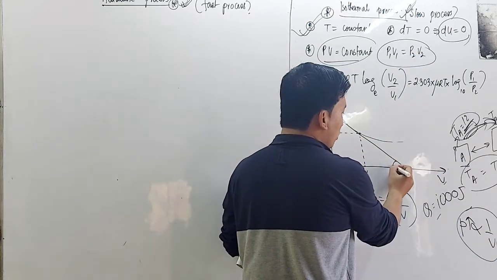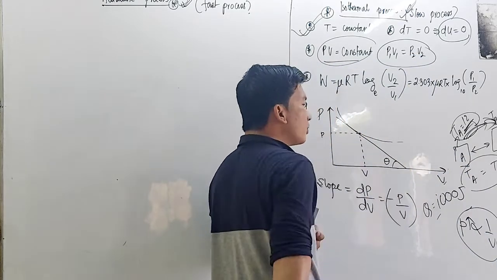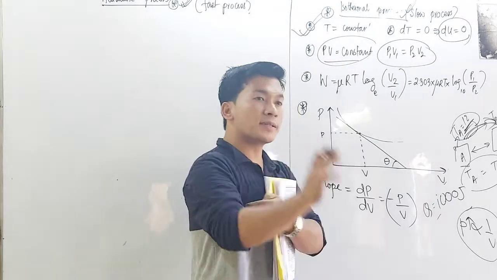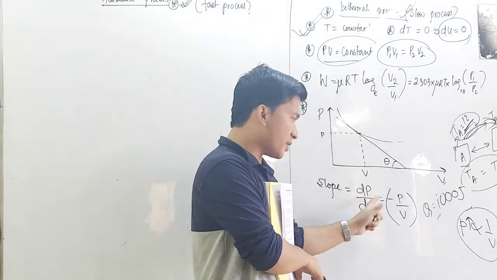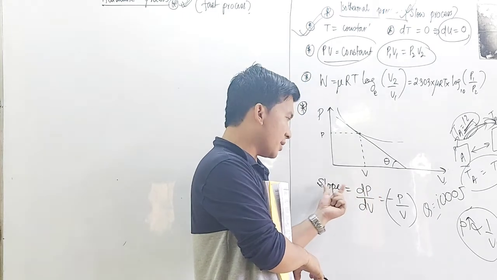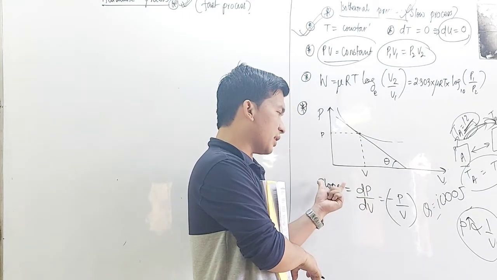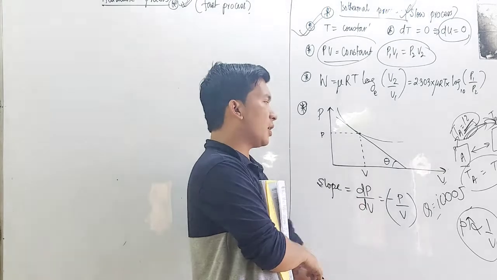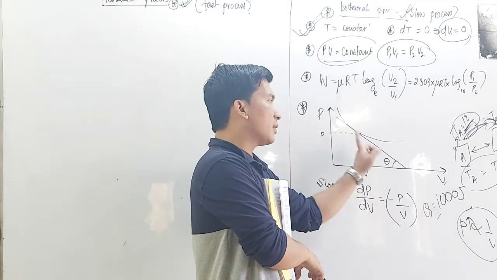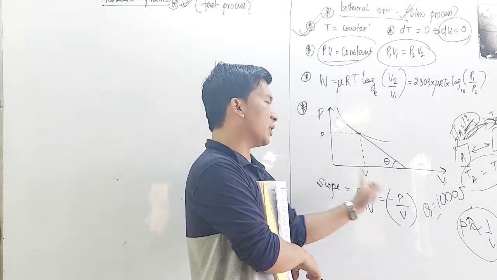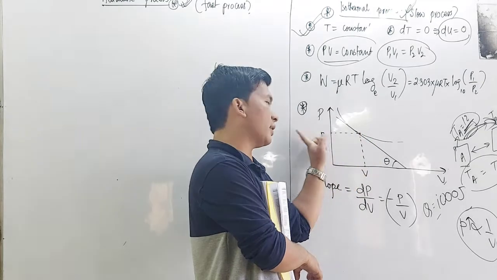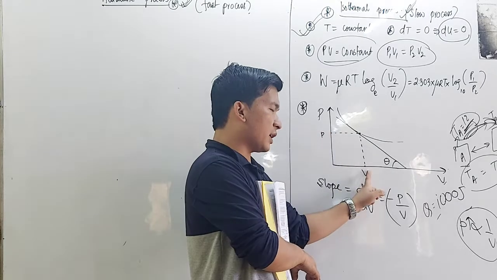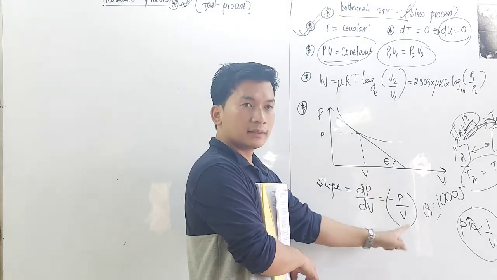This will be our slope. And to find out the slope, we simply take dP by dV. This is the mathematical expression and this is our formula: if you want to find the slope at a particular point, you take the corresponding pressure with the corresponding volume.